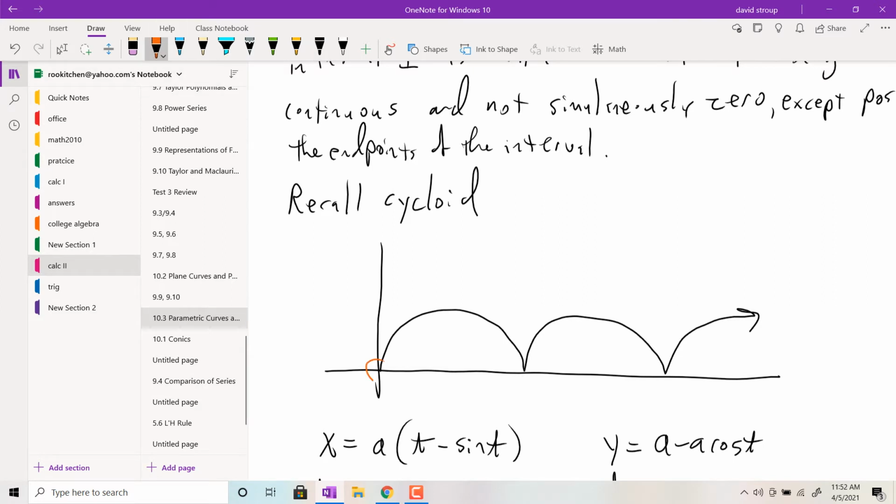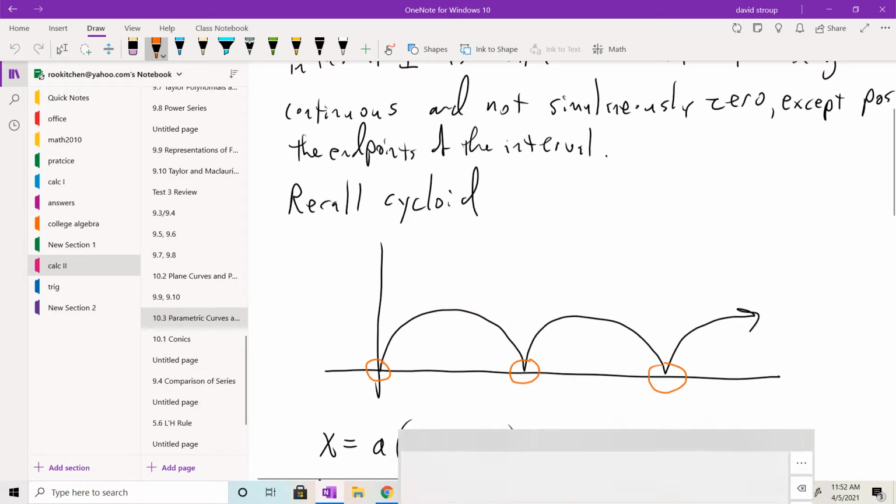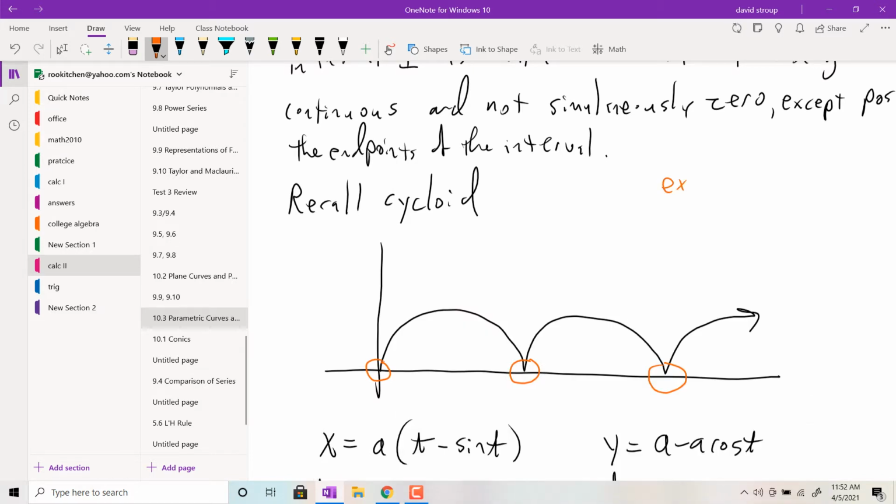It's the places where you have those kinks. It's kind of like it goes down and then just reflects back up. If you remember back in Calc 1, those were places where the function was not differentiable, wherever you have a kink. The main example of that back in Calc 1 was the absolute value function.